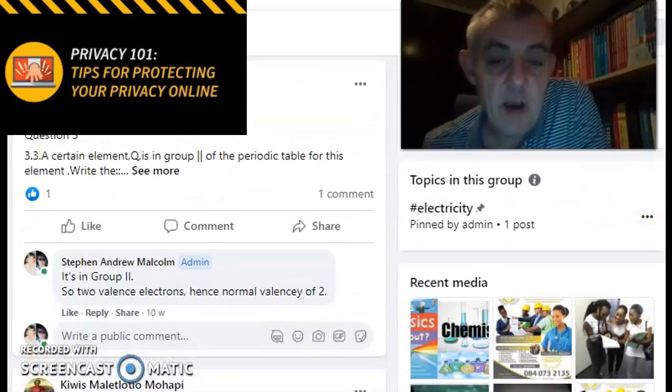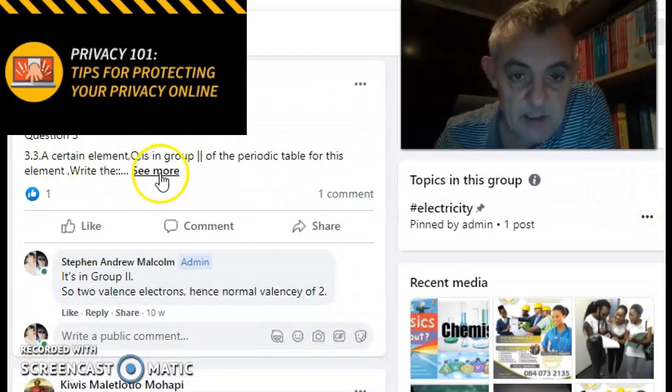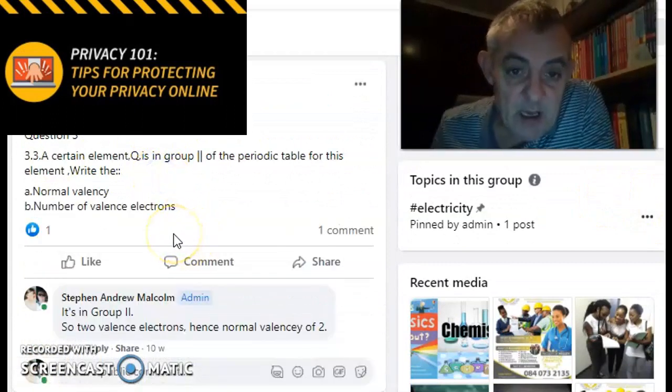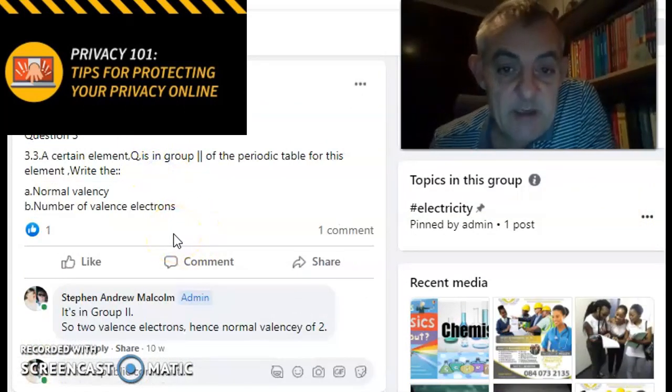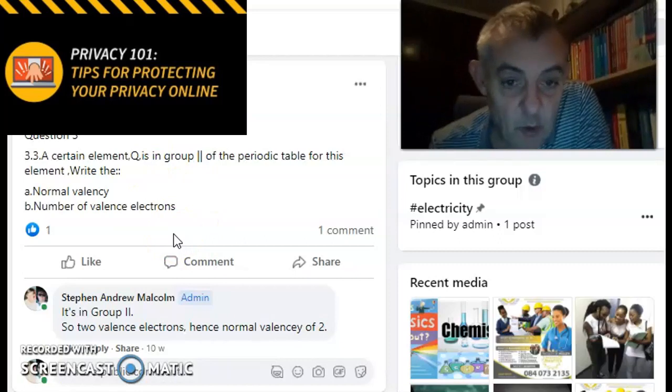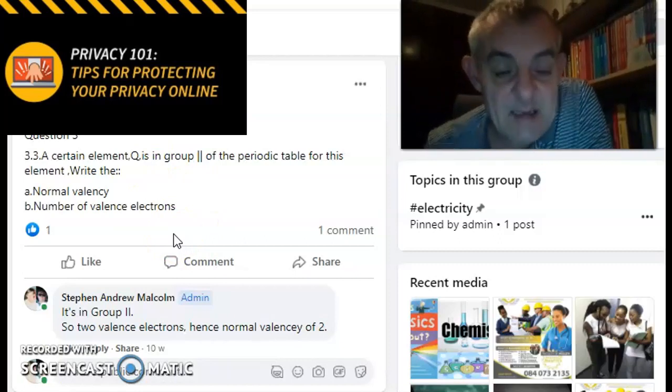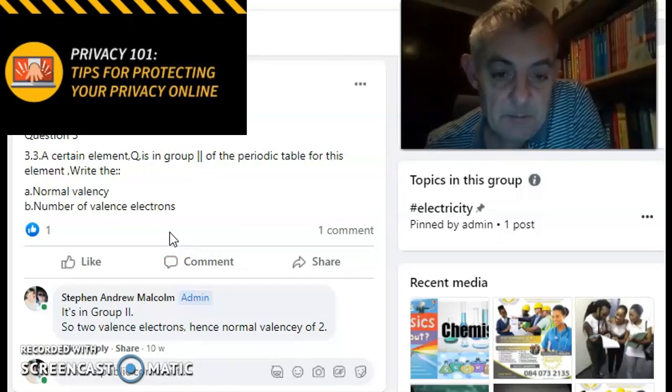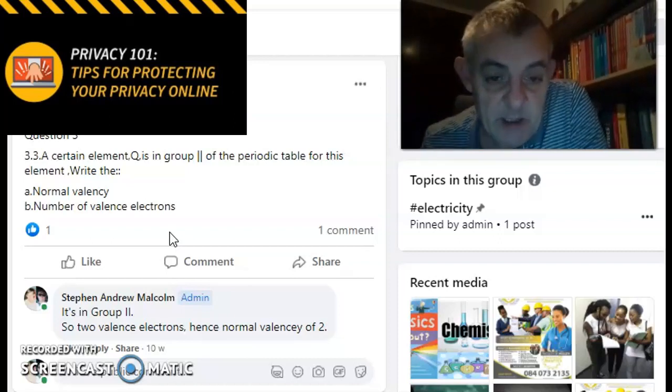Here is a question from another user. This is probably grade 10. It says, please help me. Here's the question. A certain element Q is in group 2 of the periodic table, and for this element write the normal valency and the number of valence electrons. And there, as you can see, I did respond to this question.